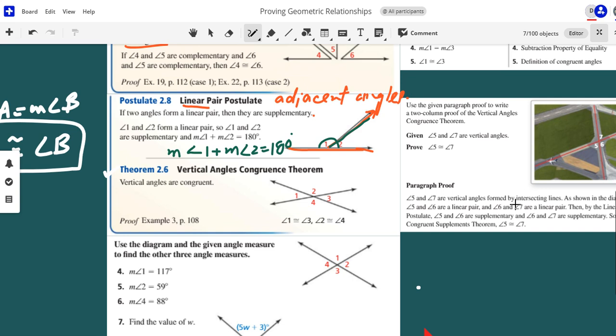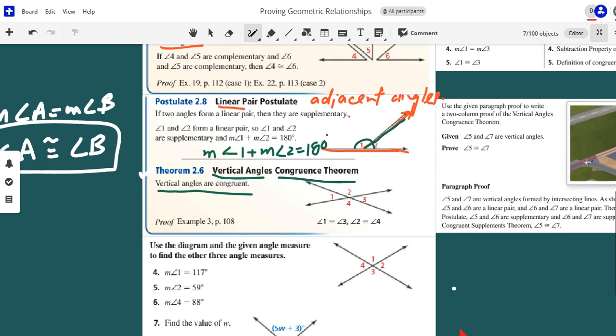The vertical angles congruence theorem. A very small statement and a very important theorem: vertical angles are congruent.